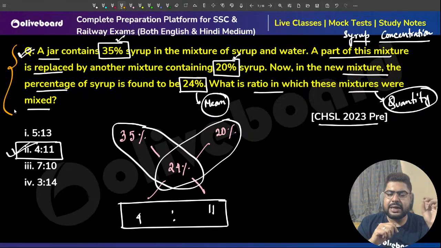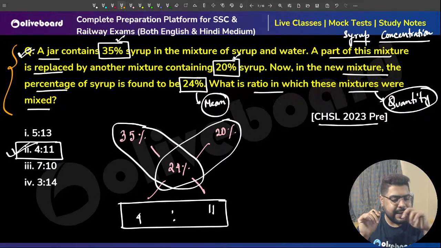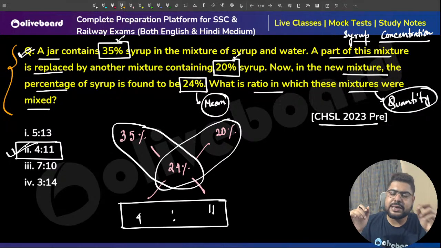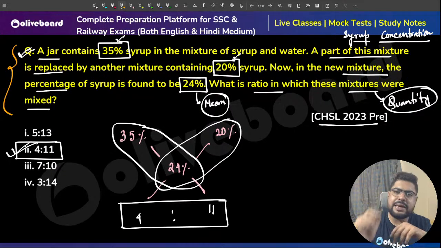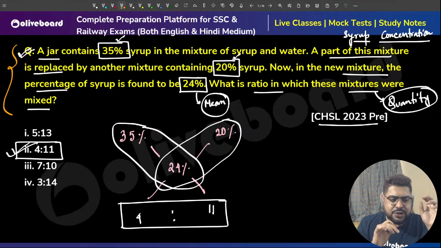So if you can understand where allegation can be used in a proper manner, that makes your life much easier to navigate through. You can shorten the question drastically and solve it very, very quickly.